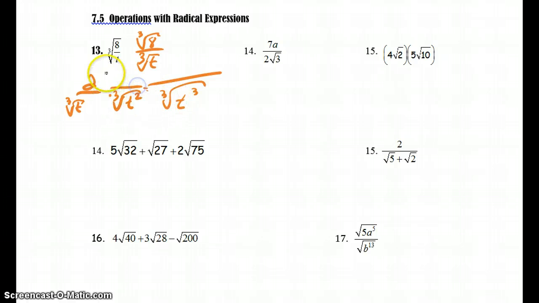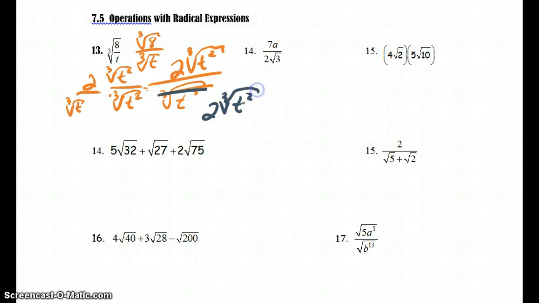So we multiply by the cubic root of t squared on the top and bottom, and we end up with 2 cubic root of t squared on the top. And since these cubic roots cancel out, we're left with 2 cubic root of t squared all over t. And that is our final solution.